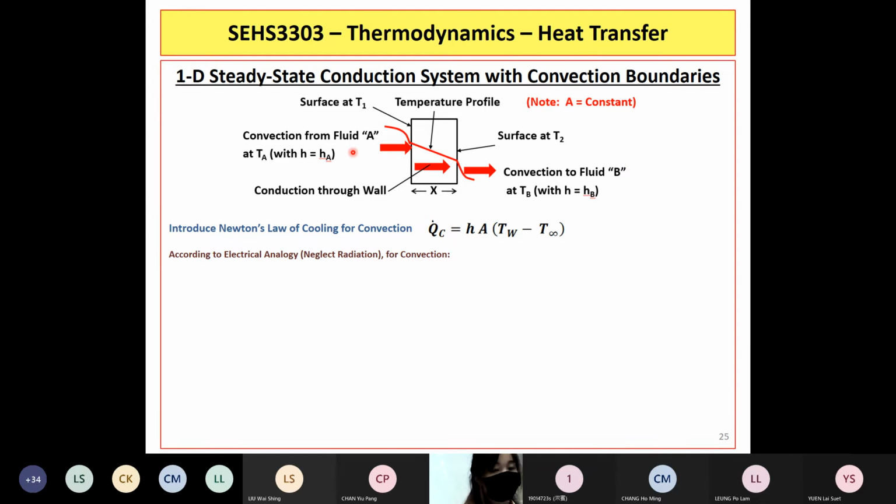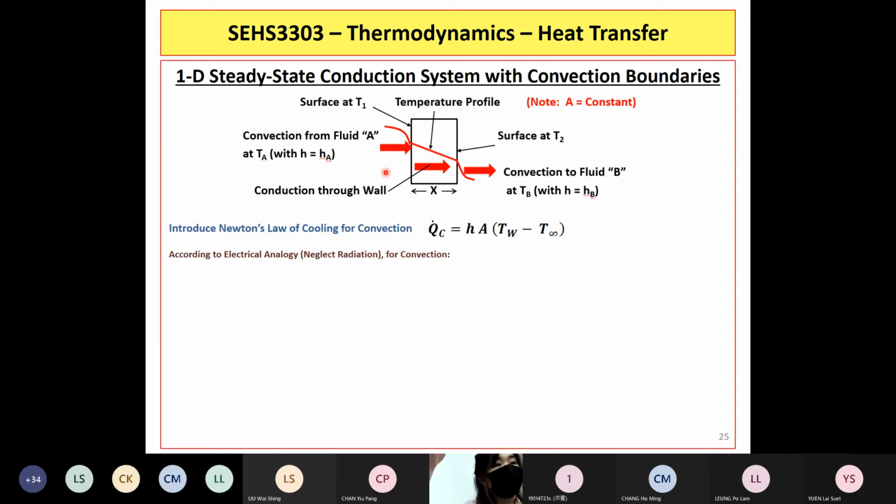So what would happen is that convection happens from fluid A to this surface. Well, convection happens from this surface to fluid B.